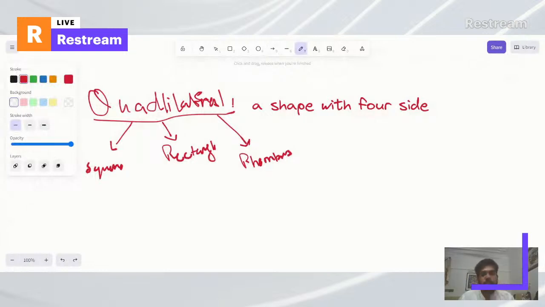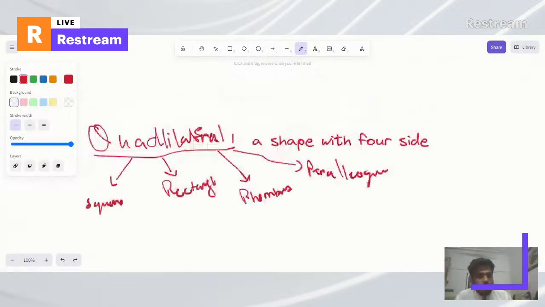There's also parallelogram. Then there's trapezium as well, right? So these are all the shapes. Perfect. A lot of you know this, and I'm really glad to see this.